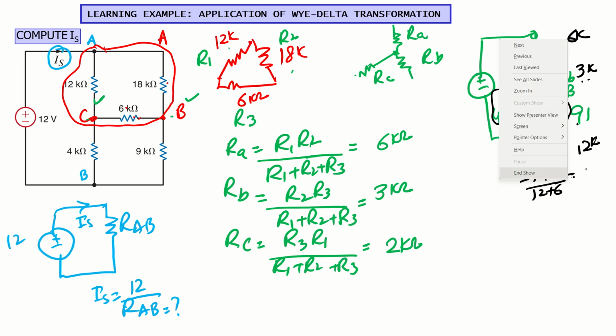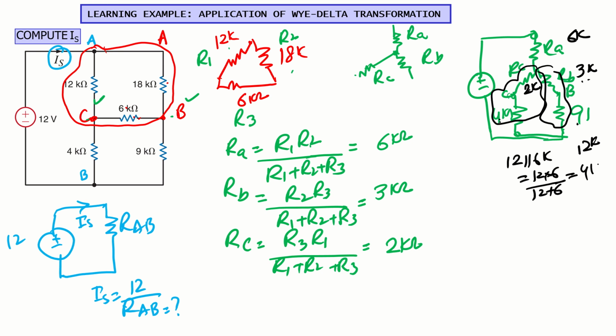So that will give me what? 4 kilo, right? So it means I can get a new circuit that I can draw like this one. Okay, this is 6K of RA, and then 12K parallel with this simply becomes 4K. Okay, so this is my circuit.